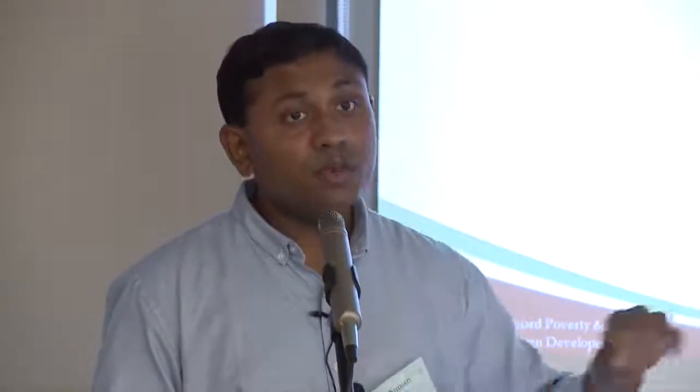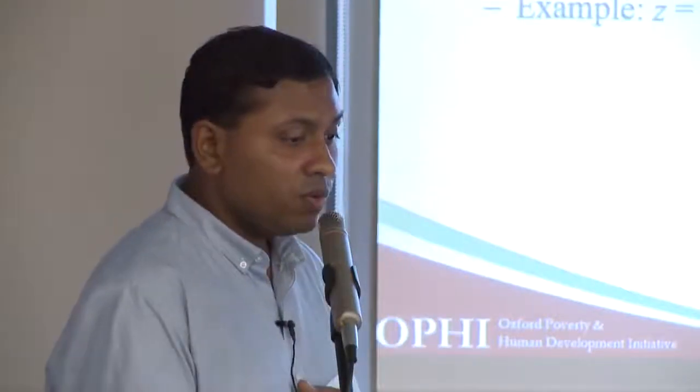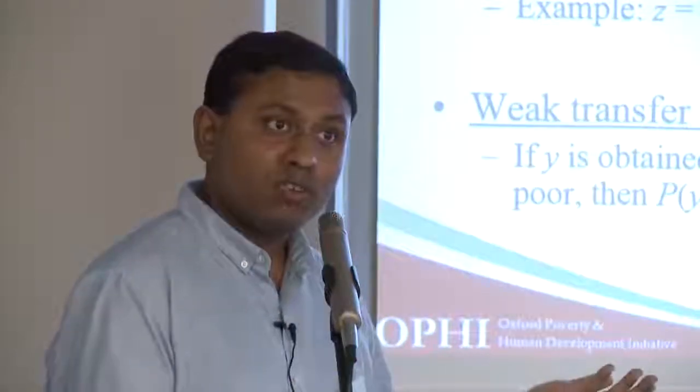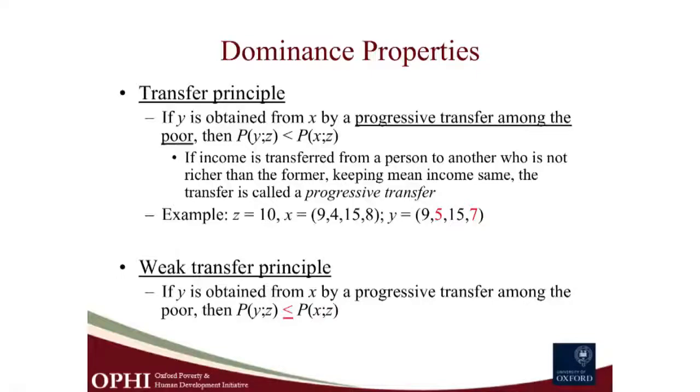No. So the transfer axiom ensures that when you are assisting the poorest, or the poor as a whole, the poorest get the benefit as well. That's the main idea behind the transfer principle. And you can have a strong transfer version and a weak one. So headcount ratio may satisfy the transfer principle weakly, not the stronger one.